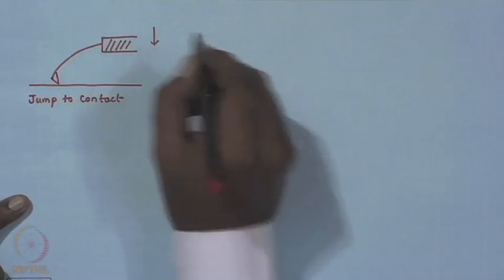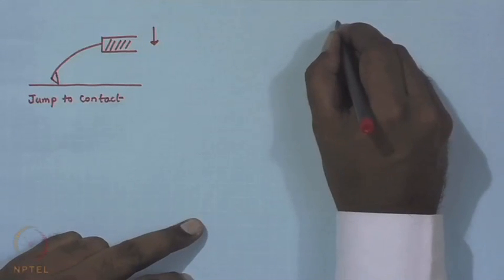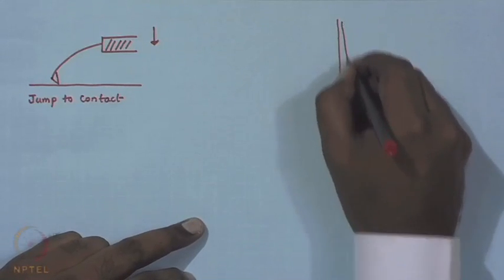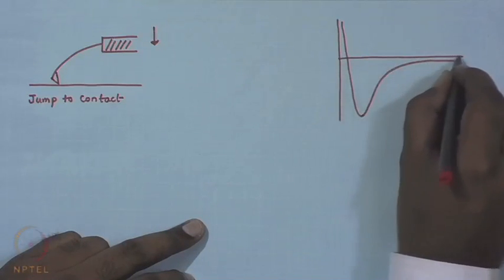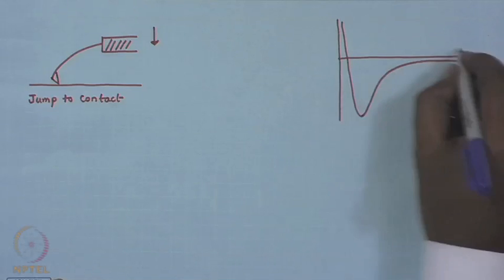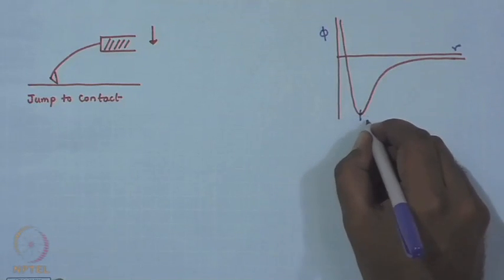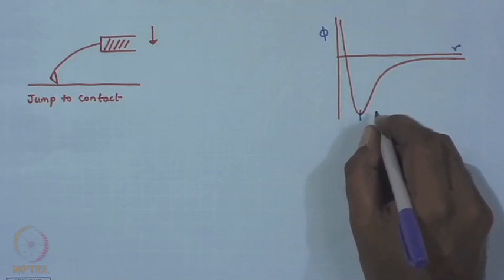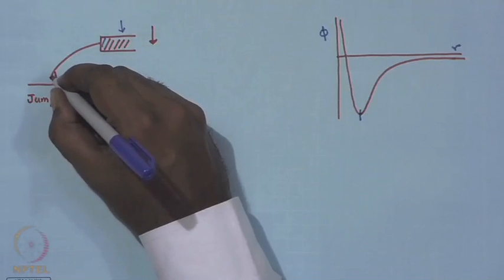and the stepper motor is still pushing it down. So, this is the force curve. It has already jumped to contact. We understand in the force curve what is the point of contact, this is the point of contact. So, the tip is already here, okay, but your stepper motor is still pushing it down. So, what will happen?